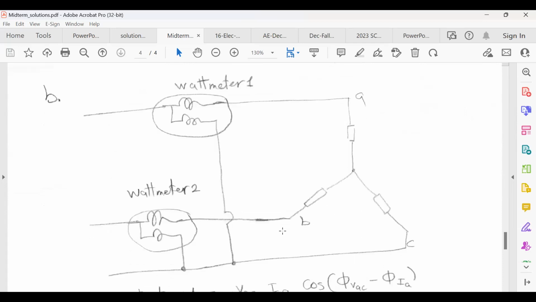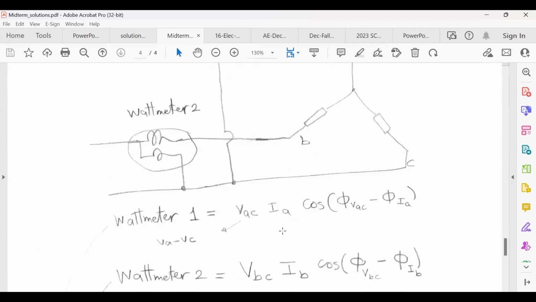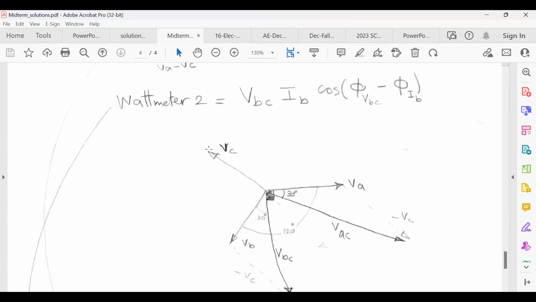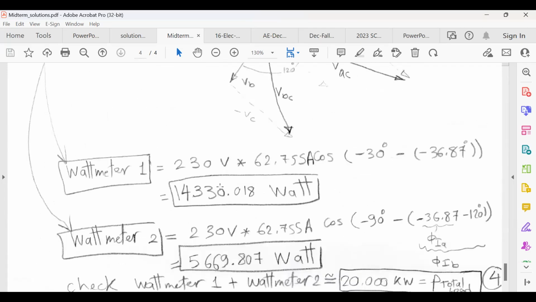The wattmeters, you have two wattmeters. You can of course use the phasors, or you can use my method, like 30 plus or minus, with the sequence that I included.